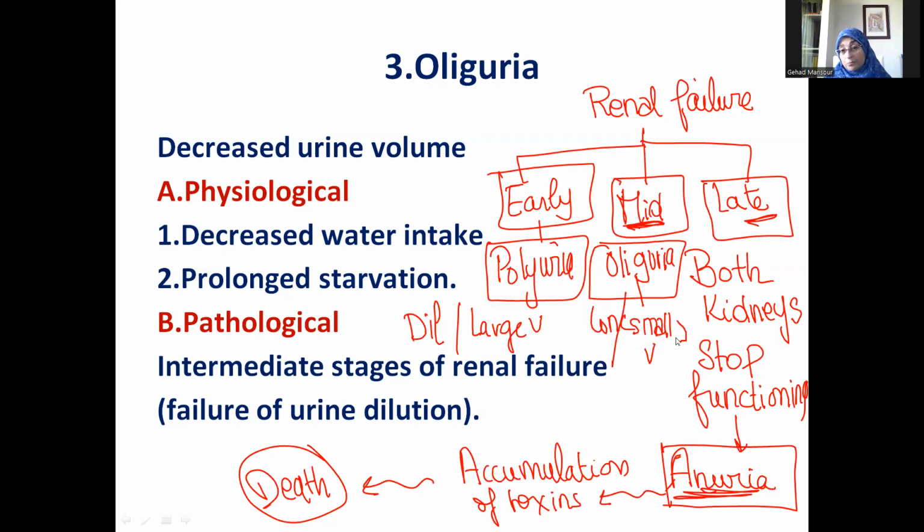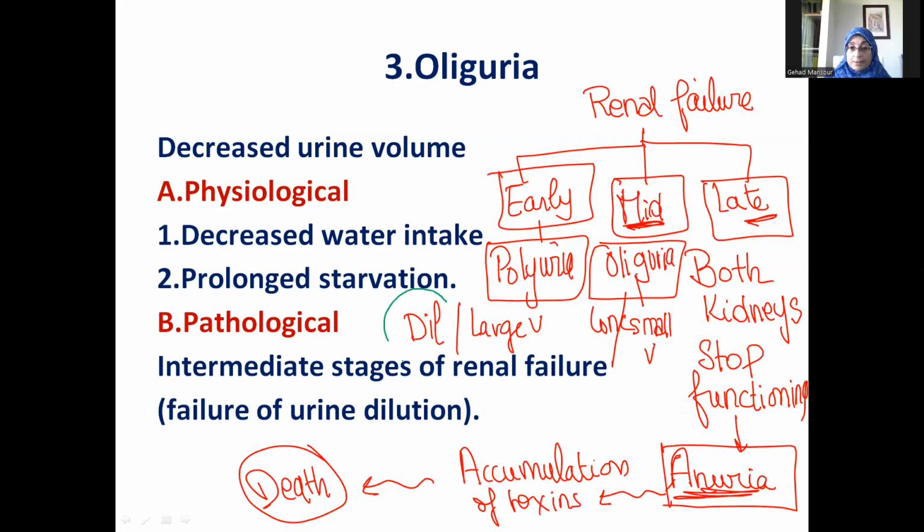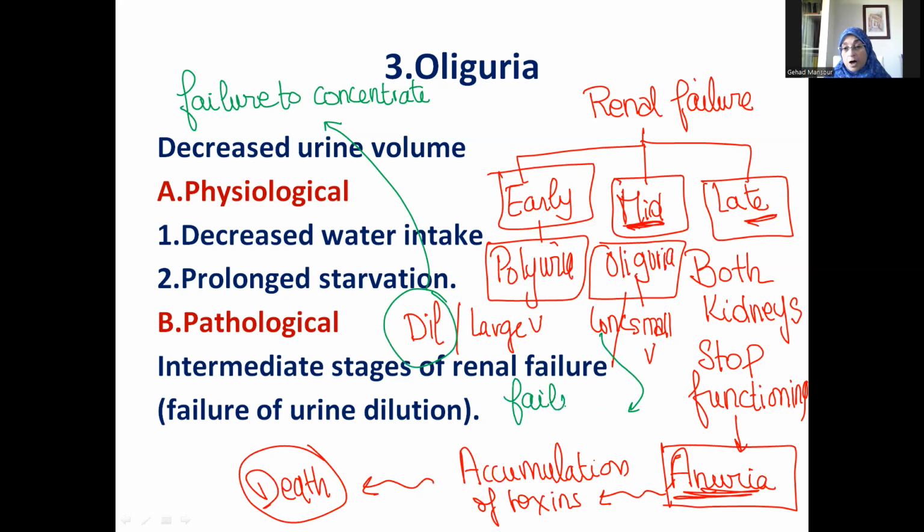In polyuria, since the urine is diluted, it was due to failure of the kidneys to concentrate urine. But in the mid stages, since you have concentrated urine, it would be the opposite. It would be failure to dilute urine.